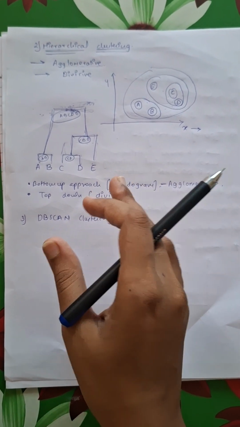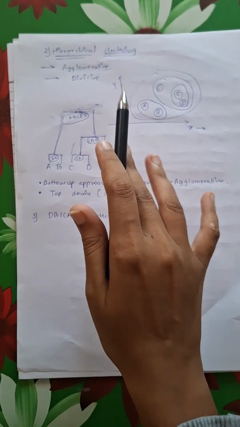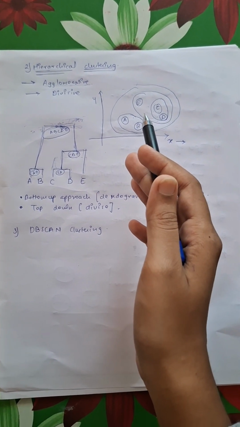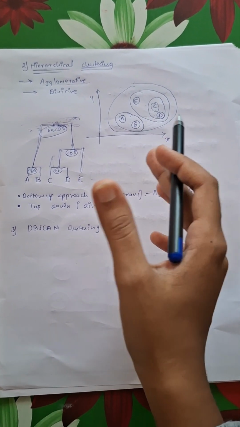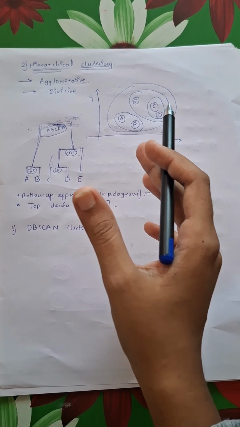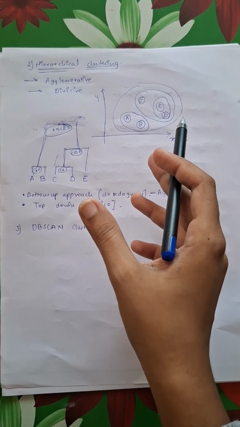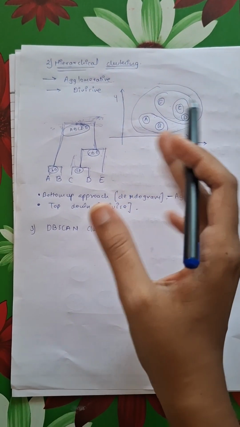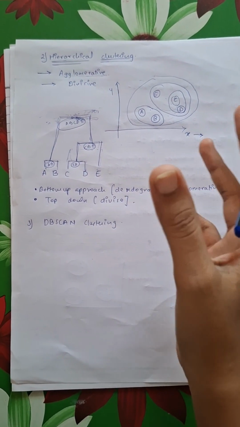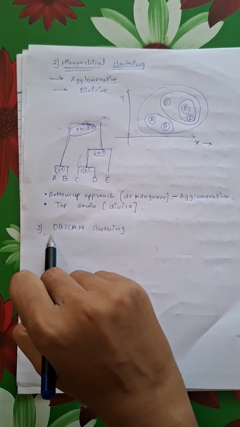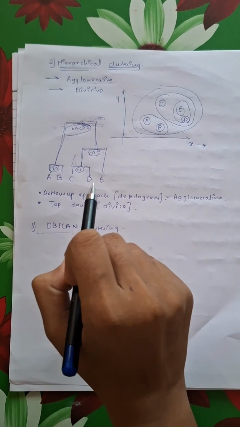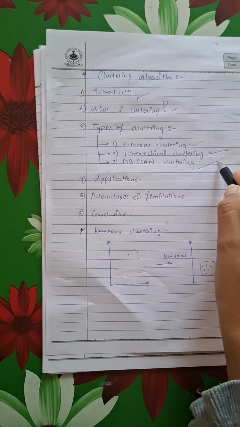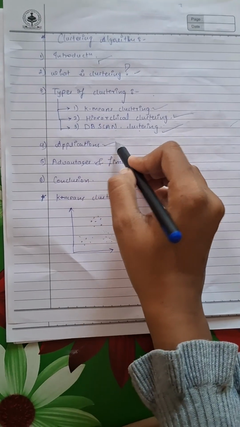For example, in earthquake data, DBSCAN can find densely occurring tremors in a region and separate them from isolated ones, meaning it can separate them from the noise, right? So this was an example of DBSCAN clustering. So we have completed the types of clustering. Moving forward, we'll see the applications.